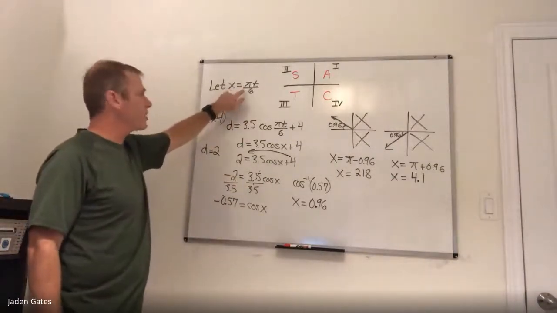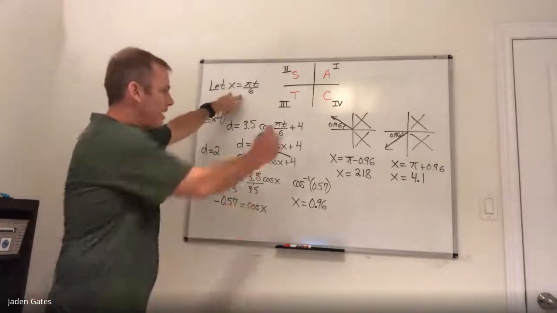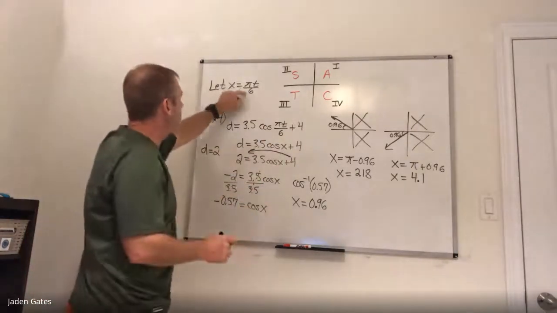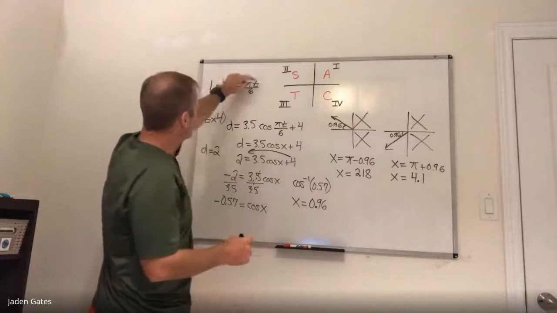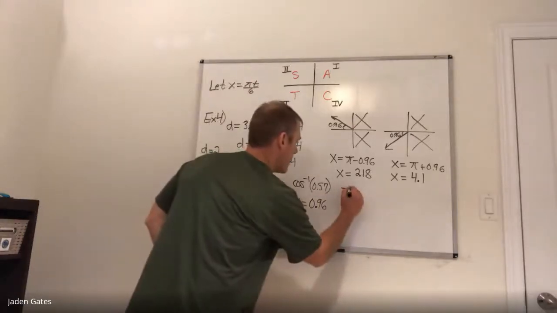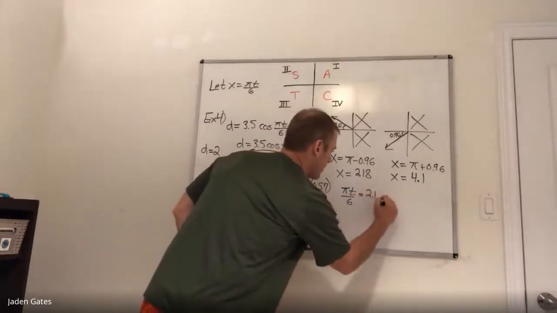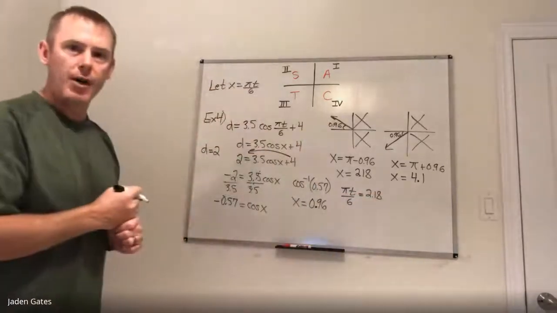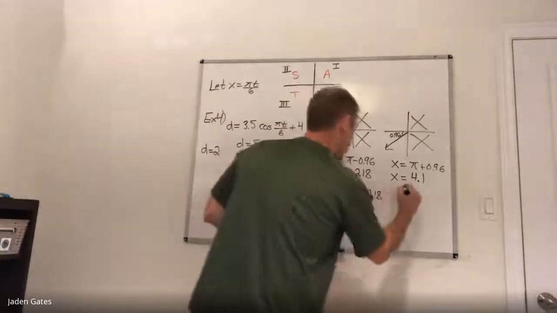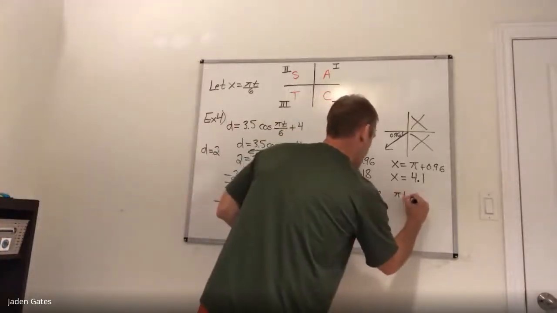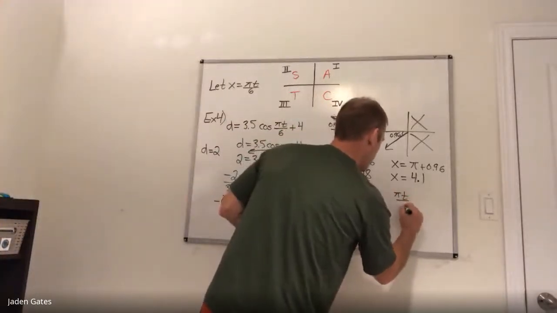So this is where I resubstitute. We've got two x values, but each equals pi times t divided by 6. So pi times t divided by 6 equals 2.18, that's one equation to solve to find my time, and the other is pi times t divided by 6 equals 4.1.